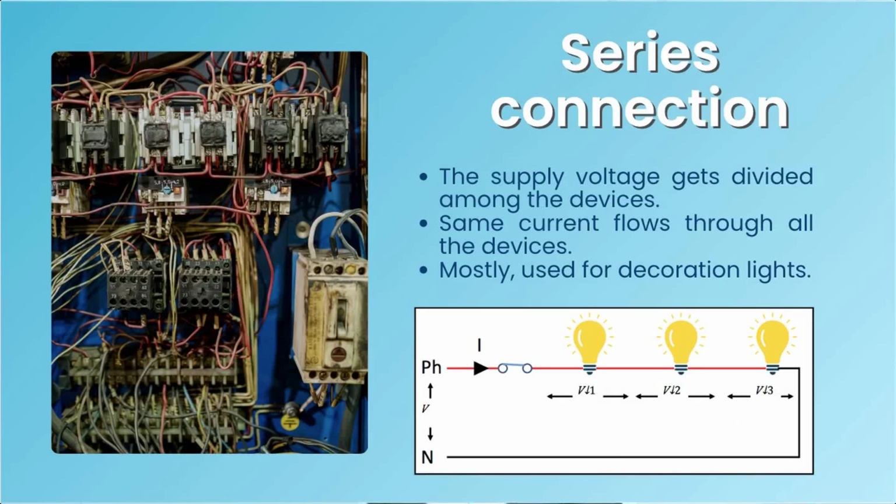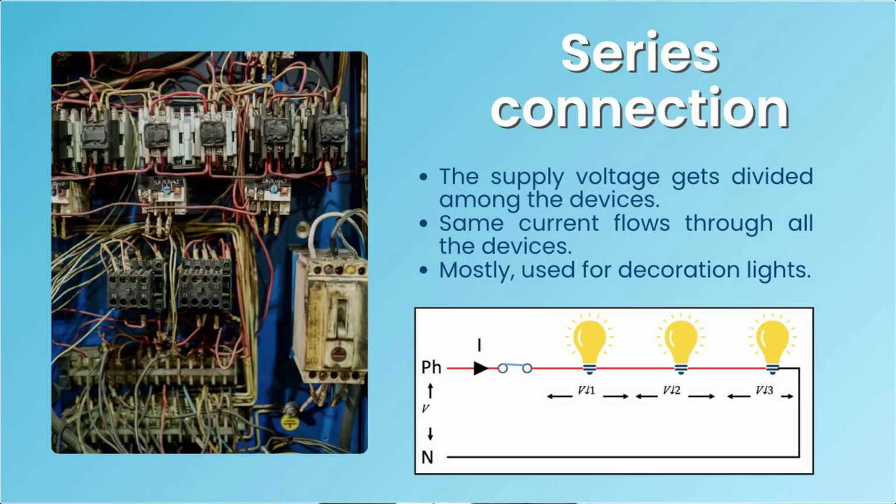In a series connection, the supply voltage is divided among all the connected devices. Although this setup is simple, yet it is not ideal for most household appliances. This is because of the lower voltage per device, the lack of individual control, and the dependency on all devices functioning correctly.